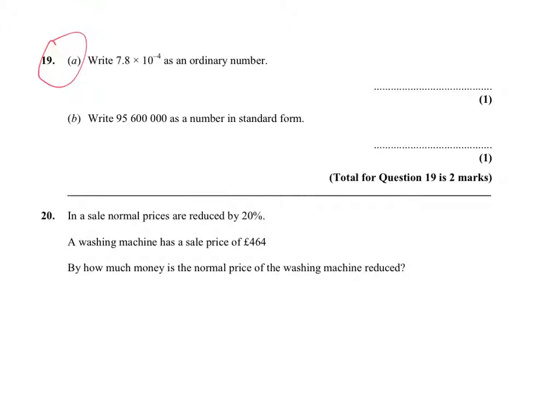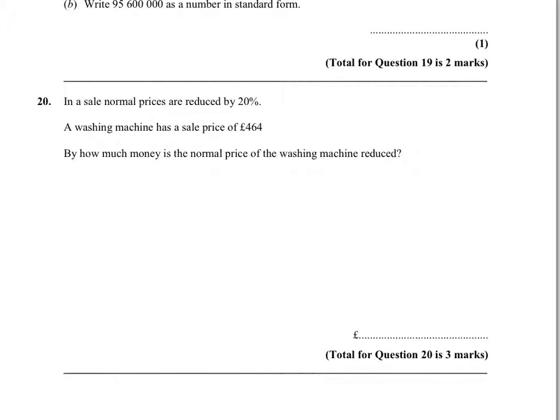Last thing I'm going to have a look at then is question 20, because we could get this one right if we think about it carefully. There was a sale price, and before the sale we've reduced prices by 20% to make them in the sale. Let me start and say that again. The sale price is £464.